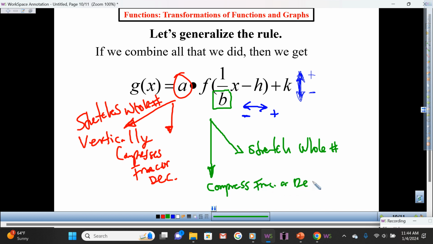Fraction or decimal. But in which direction, everyone? Horizontally. Sideways, like this, like an accordion. All right?